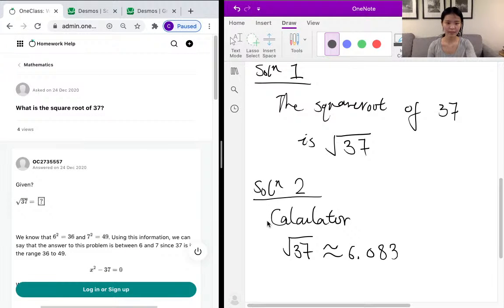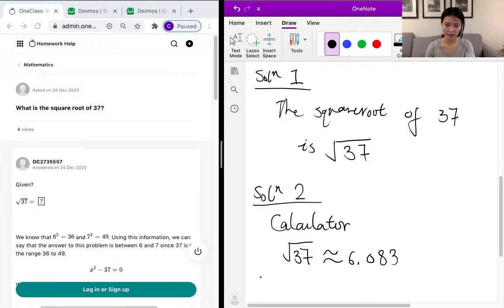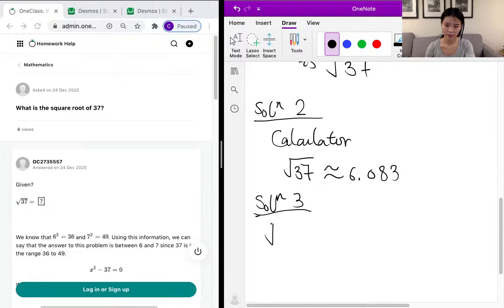Okay, and a third way is to approximate the square root of 37. So we know that the square root of 36 is a perfect square, and the square root of 36 is 6. We also know that the next perfect square is 49. So the square root of 49 is 7.